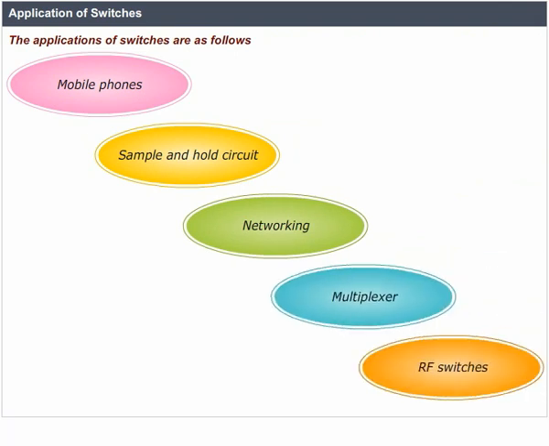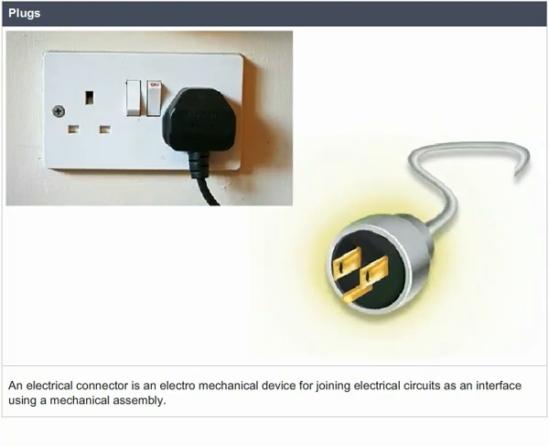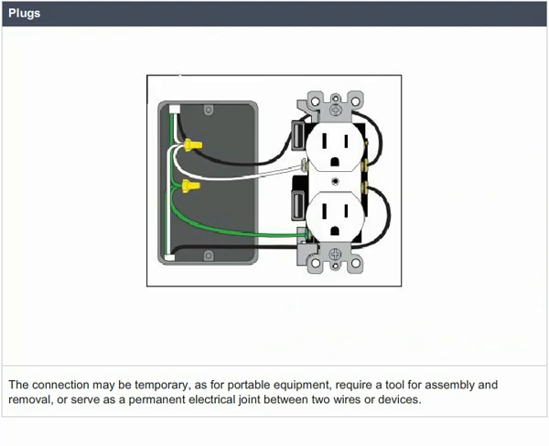Plugs. An electrical connector is an electromechanical device for joining electrical circuits as an interface using a mechanical assembly. Connectors consist of plugs, male-ended, and jacks, female-ended. The connection may be temporary, as for portable equipment, require a tool for assembly and removal, or serve as a permanent electrical joint between two wires or devices.